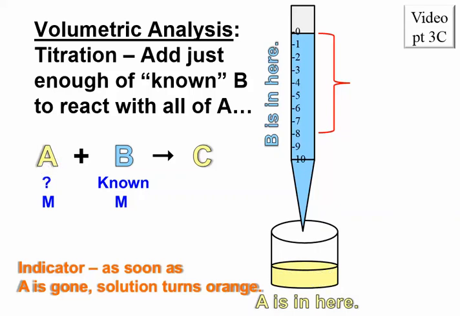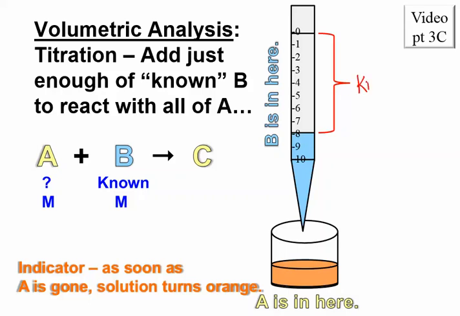So the way this works is you're going to gradually drip this down until we get that color change. So gradually dripping it down. And there's our color change. So I know the volume started here and I ended there. It looks like I used about 7.9 milliliters of this solution.